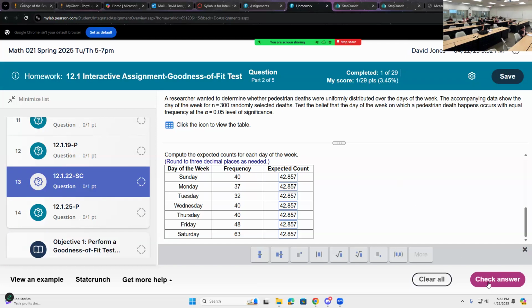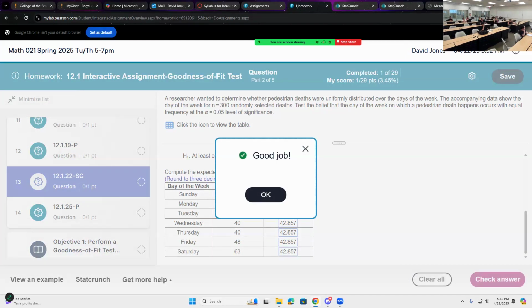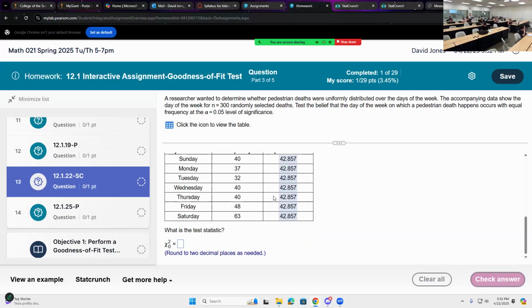All right, and we're gonna do check answer. This is what we get in StatCrunch.